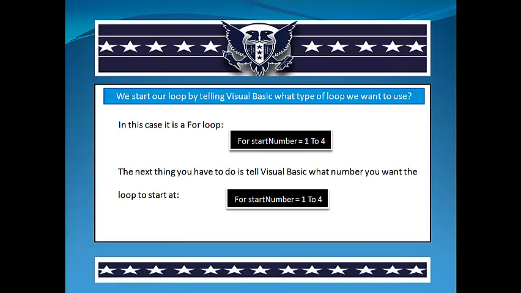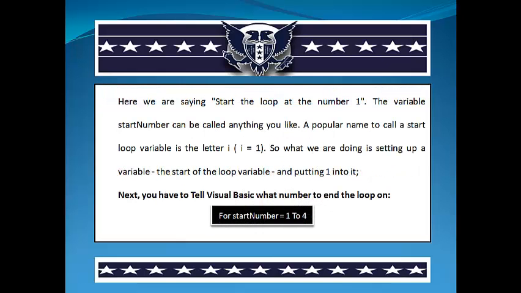The next thing you have to do is tell Visual Basic what number you want the loop to start at. For start number equals 1 to 4. Here we are saying start the loop at the number 1. The start number can be called anything you like.